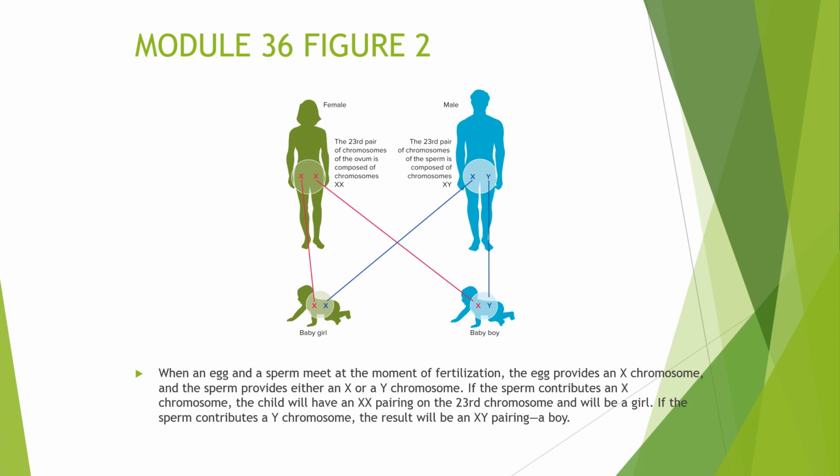If he gives a Y, then that's an XY, and that is a male. So the mother always will give X's, and the father will give either an X or a Y in part of those 23 pairs of chromosomes. And so it is the father, again, that determines the sex of the child.